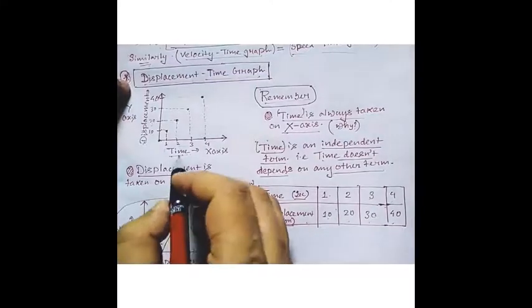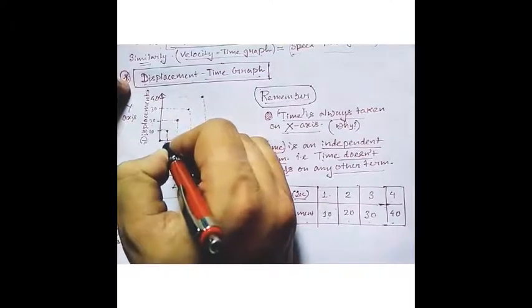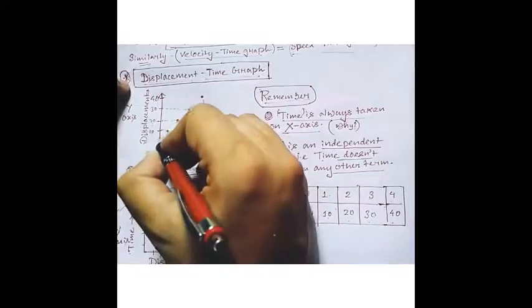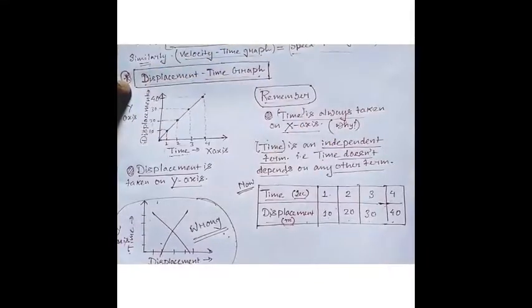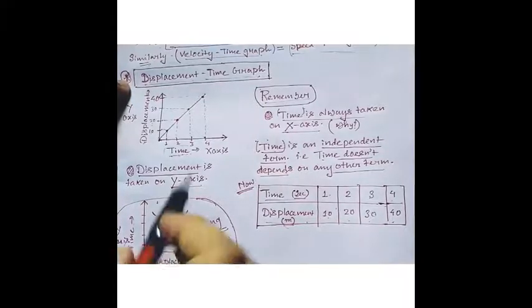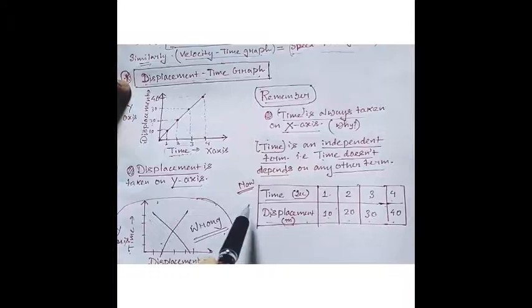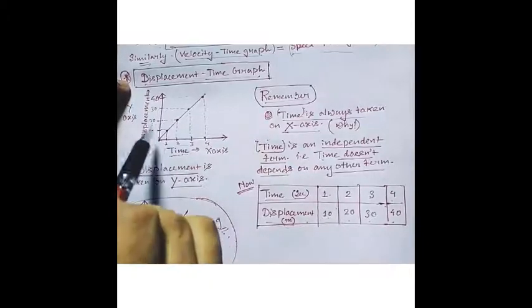Now I will join all these points properly from the origin. So I join every point. This is the actual representation of the displacement time graph for these time and displacement coordinates.